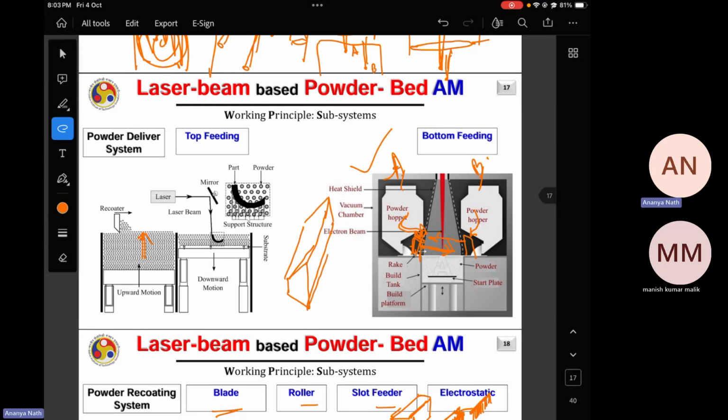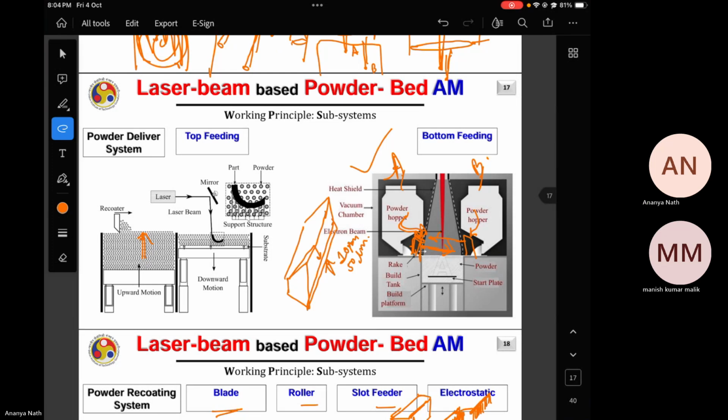So at this edge you will have a slot like this, and this slot thickness will be something around 10 micron maybe, or 50 micron, similar to the dimension of one human hair.